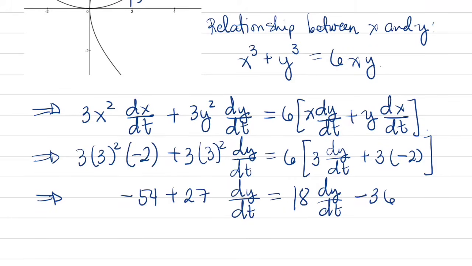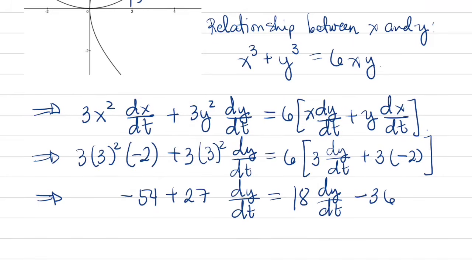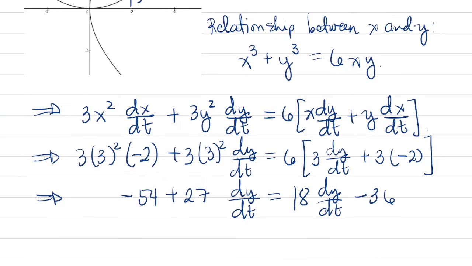on one side of the equation, and move all constants to the right. So that means we have 27 dy/dt minus 18 dy/dt. What is 27 minus 18? That is 9.